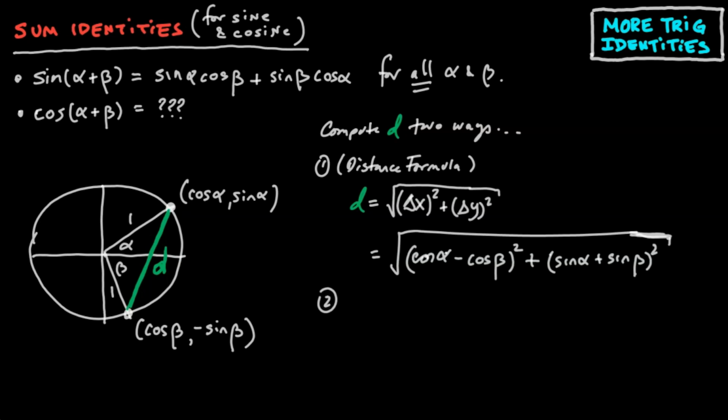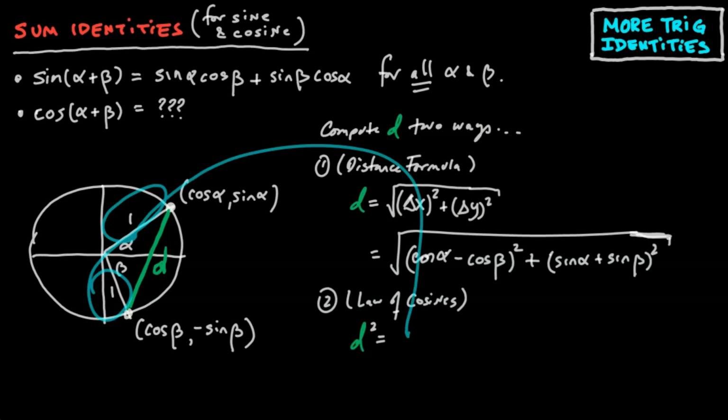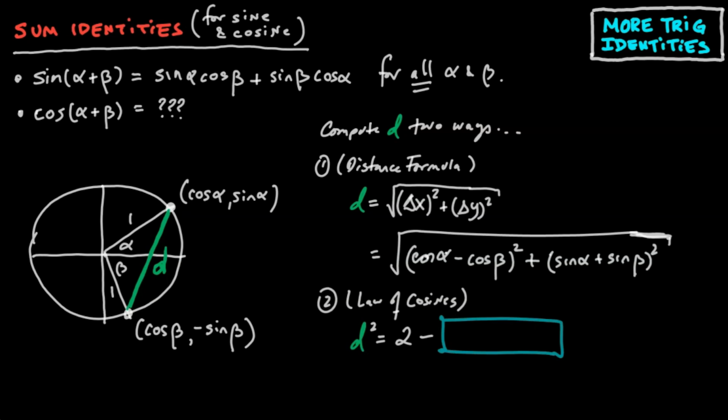Our second one is going to come from the law of cosines applied to the triangle I'm shading in right now. What does the law of cosines tell us? Well, it tells us something about d squared. The law of cosines gives us the square of any side of a triangle. Remember, it begins like the Pythagorean theorem, which it generalizes, the sum of the squares on the other sides. Well, that's going to be 1 squared plus 1 squared, which of course is 2, but then we have to subtract off that little error term, or correction term, to account for the fact that the angle opposite d is not a right angle.